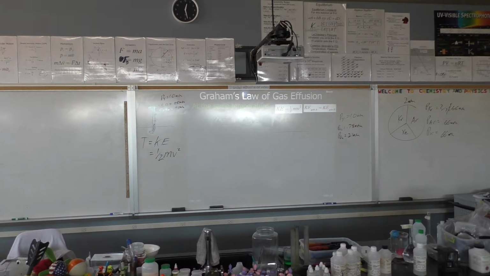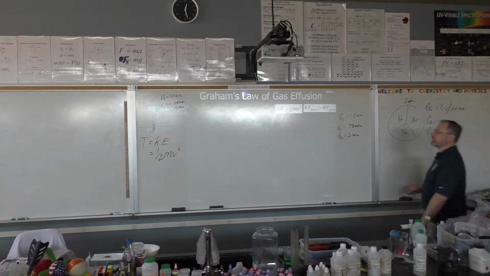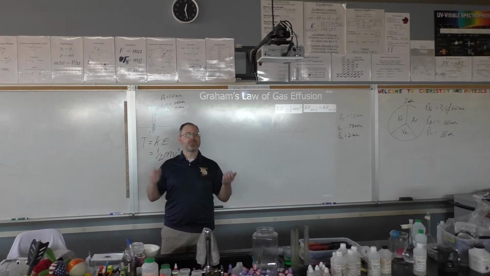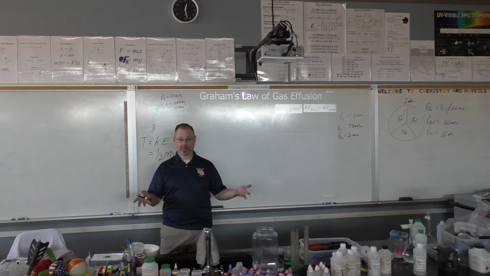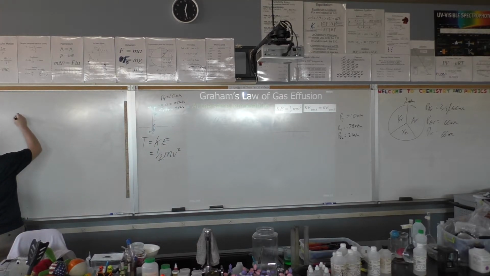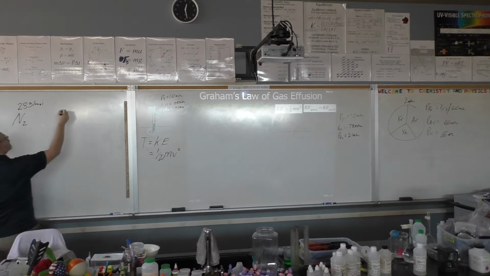Yeah, half hour. Okay. So anyway, temperature is a measure of kinetic energy, which is 1/2 mv squared. And what does that mean? If you have two samples of gas at the same temperature, they necessarily have to have the same kinetic energy. So if you look at a sample like nitrogen, N2, nitrogen has a molar mass of 28 grams per mole.